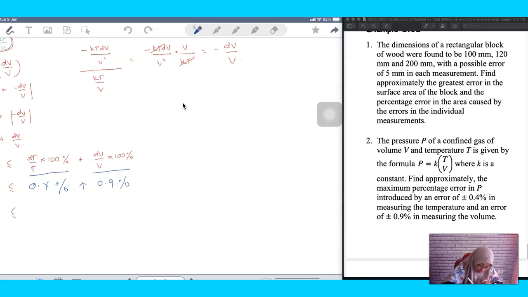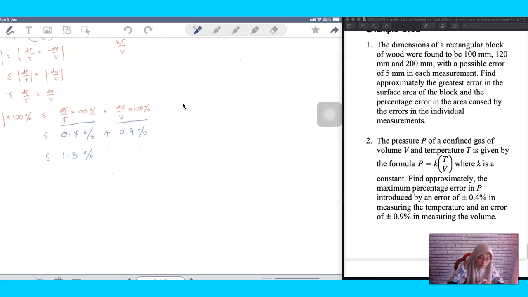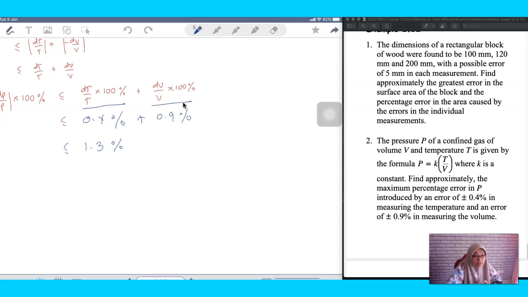So you will get 1.3%. So now your maximum percentage error of the pressure is smaller than or equal to 1.3%.